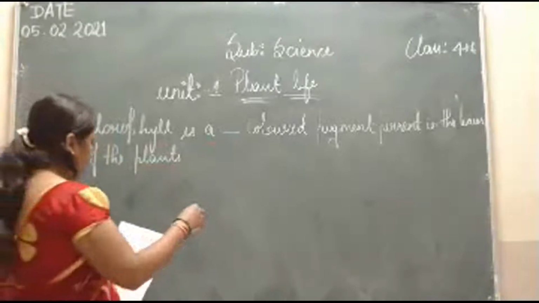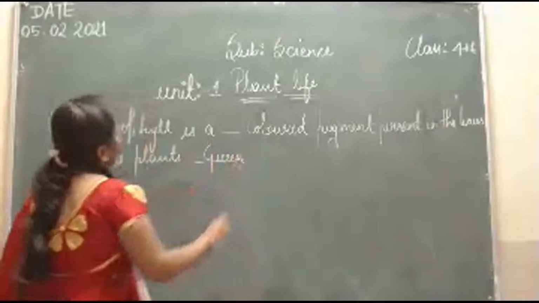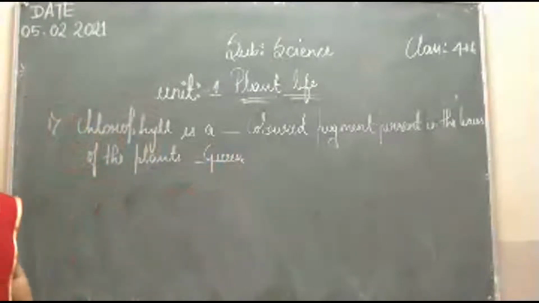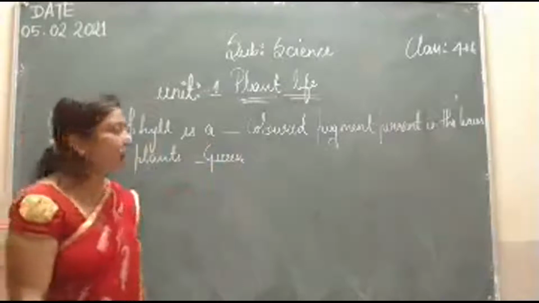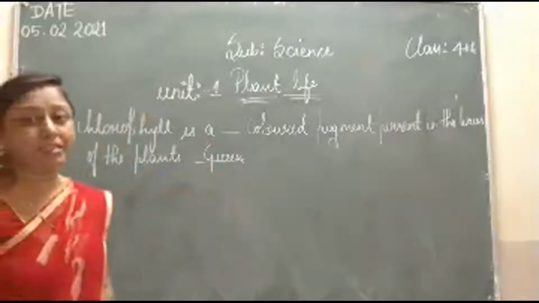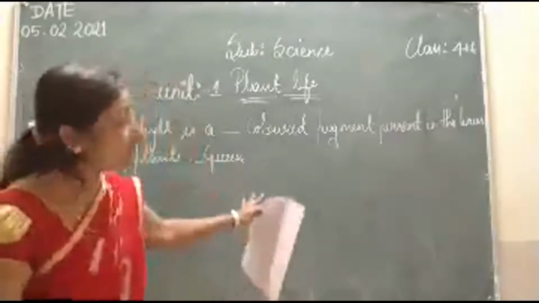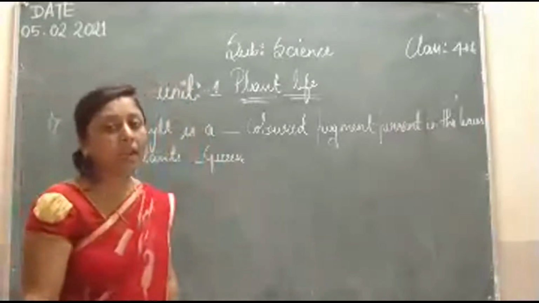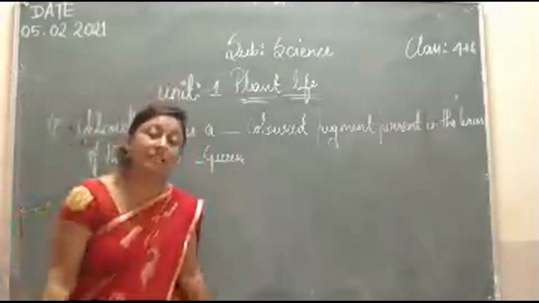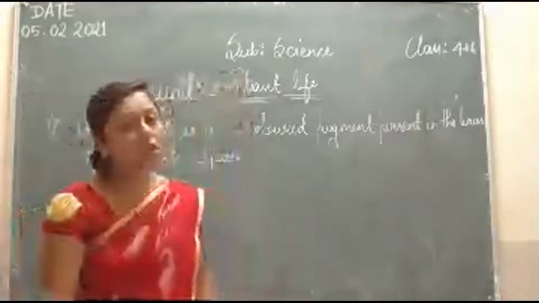It is green color. Answer is green. Chlorophyll is a green color pigment present in the leaves of plants. It is present in the leaf, in the plants in the form of leaf. The leaf is called the food factory of a plant, or a kitchen of a plant.